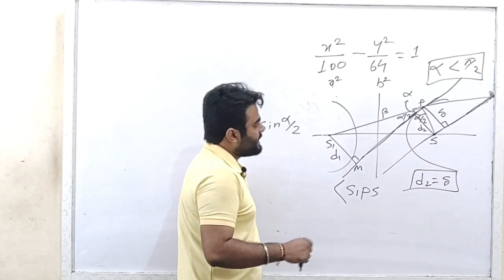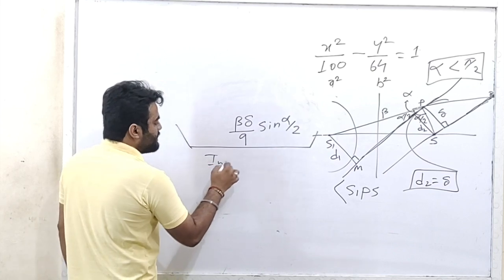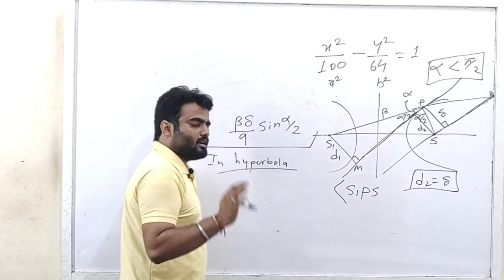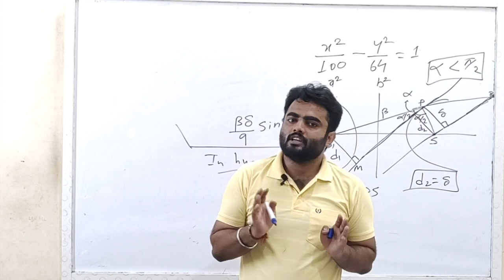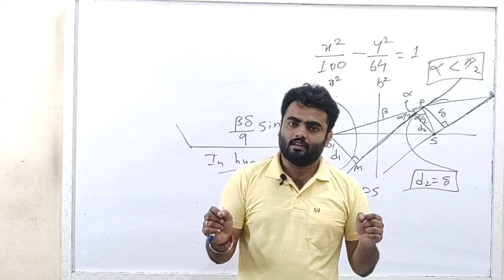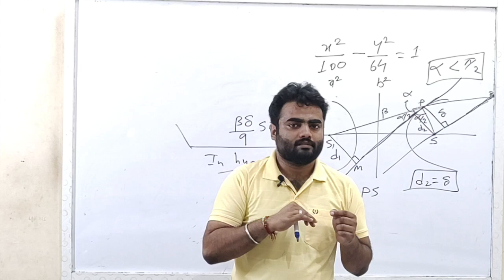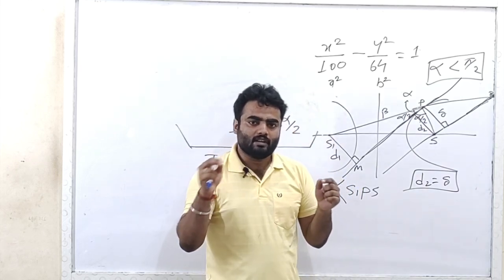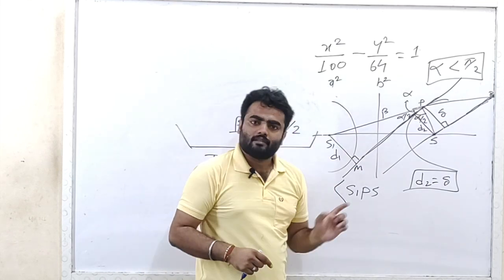The next concept involved in this question is that in a hyperbola, listen carefully, the perpendicular distances to the common tangent from the two foci, their product is always equal to b square.